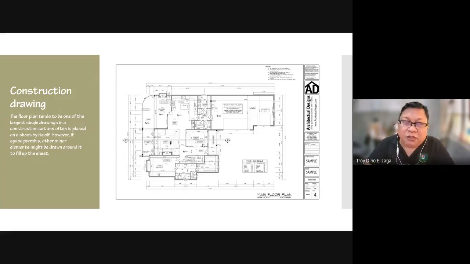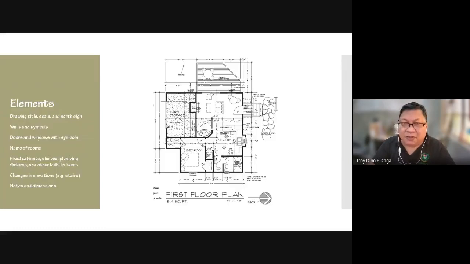But especially for commercial buildings, normally you have one sheet for the floor plan. If space permits, other minor elements might be drawn around it to fill up the sheet. But if there are minor elements, it is better if they are related to the floor plan, for example, some blow-up details of it.